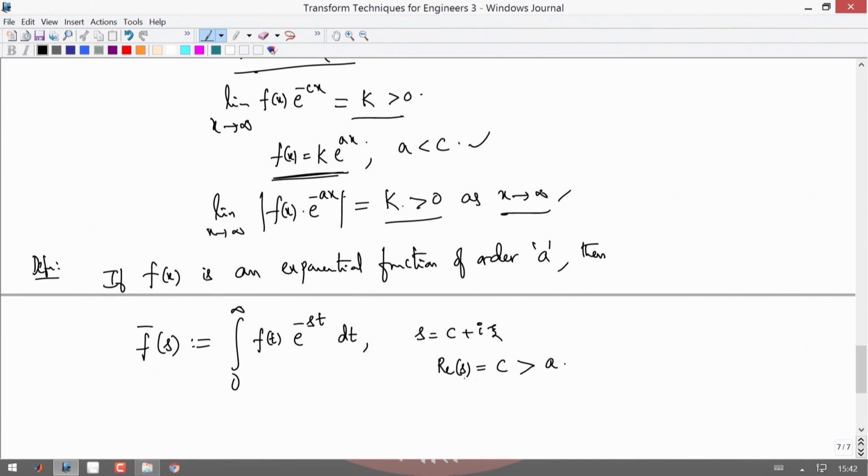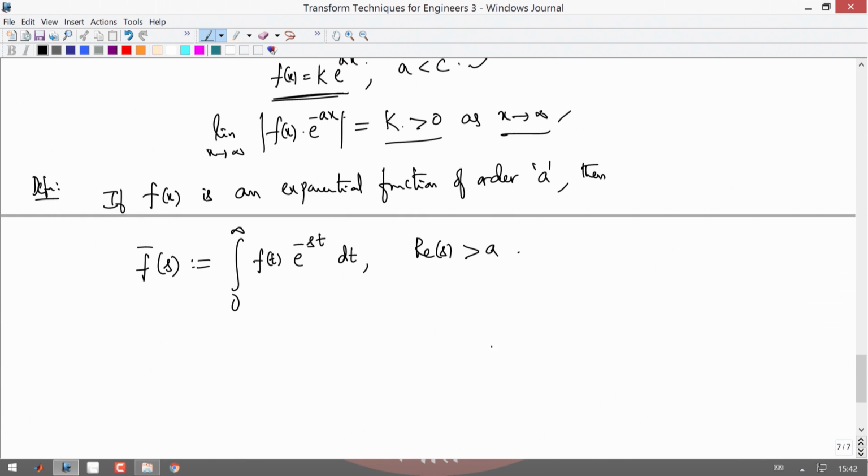So real part of s is c which is greater than a. So put it together, we can write real part of s is greater than a, okay. So that is the meaning, and a is positive, which we know because it is exponential of order a which is positive, okay. There is nothing like exponential of negative order, only positive order.